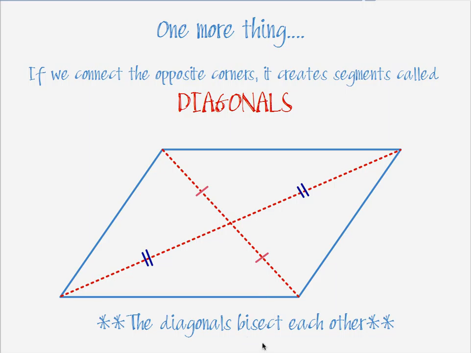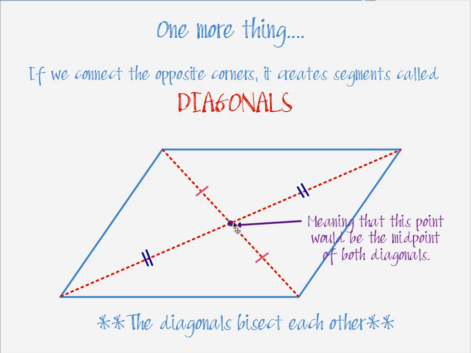Now, bisect means to split into two equal portions. So both diagonals have been split into two congruent segments. That also means that the midpoint, or this point in the middle, is the midpoint of both diagonals. That's going to be significant in just a few minutes.